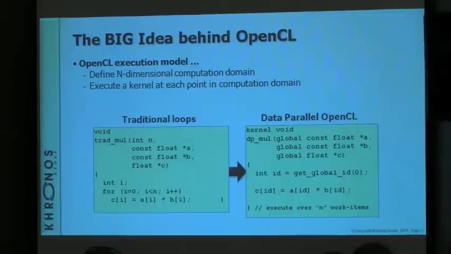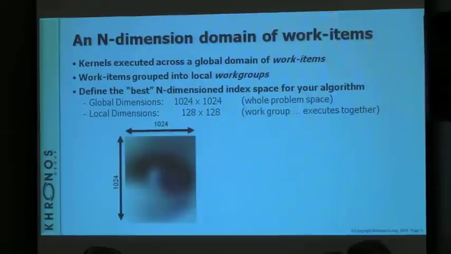So the big idea really is very simple. You define the computation domain for which you want to work. So in this case, it's a one-dimensional computation domain of size n, where n is the number of elements. And we just go execute the kernel at each point in the computation. So that means I need to now define the global size. This is what we call the total amount of work that a kernel is going to work on.